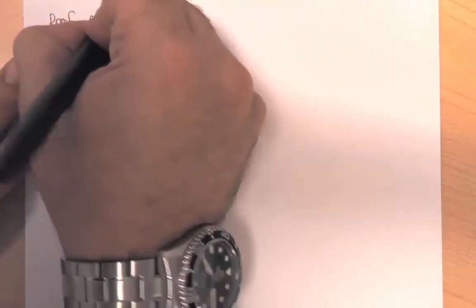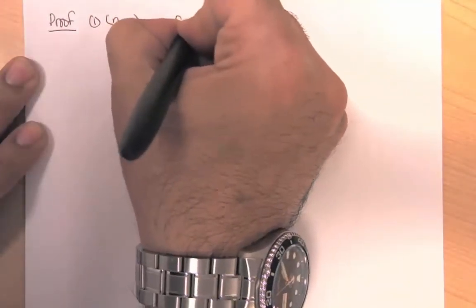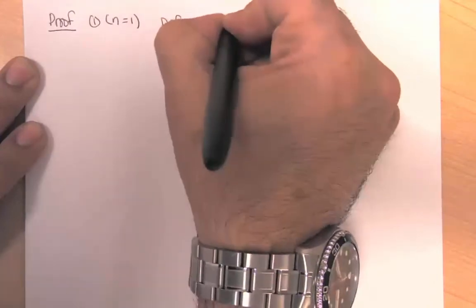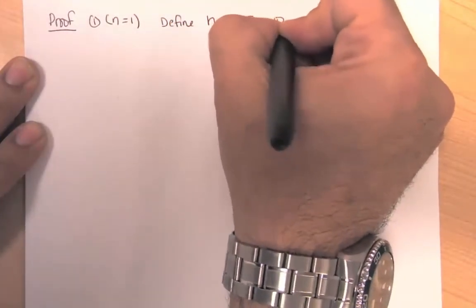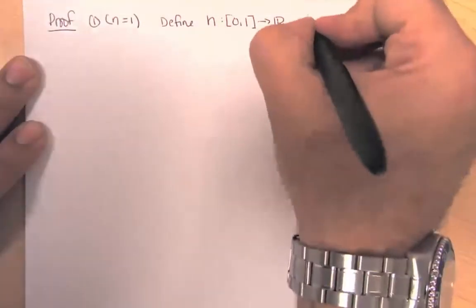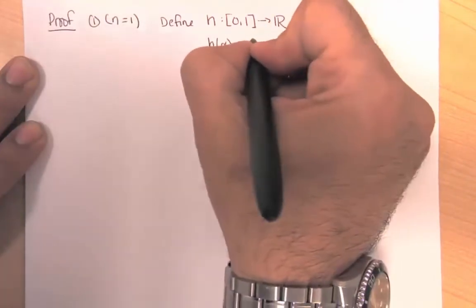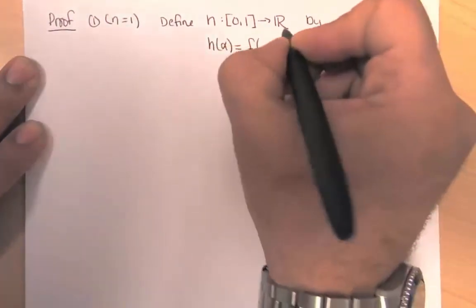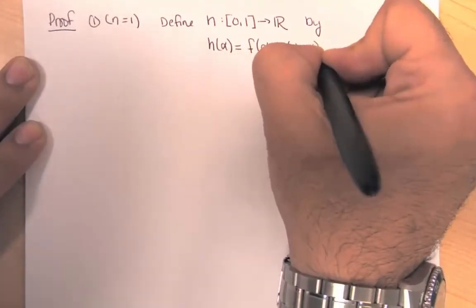We'll consider first the first bullet, when n is equal to 1. So define a function h that maps the closed interval 0 to 1 to R by h of alpha is equal to f of the convex combination alpha v plus 1 minus alpha u.